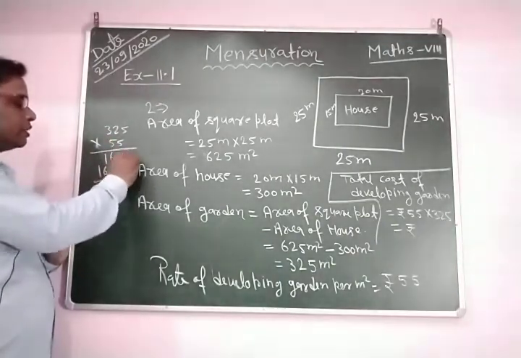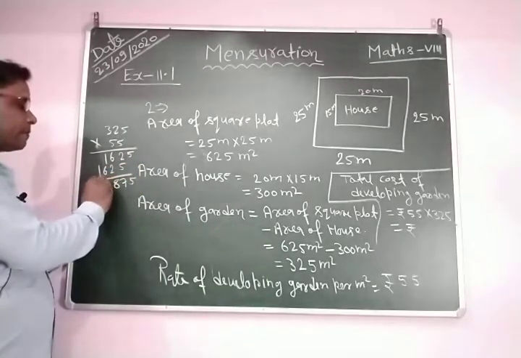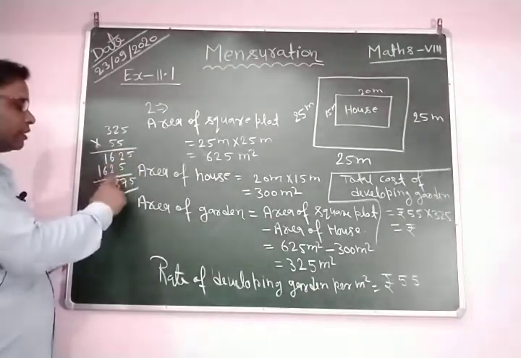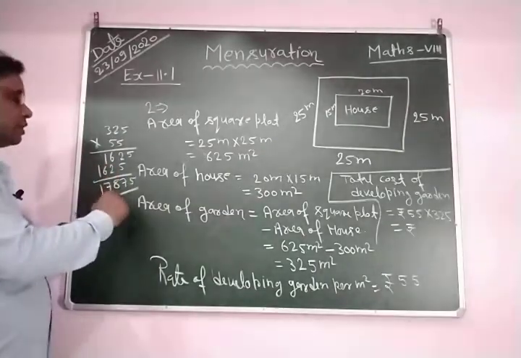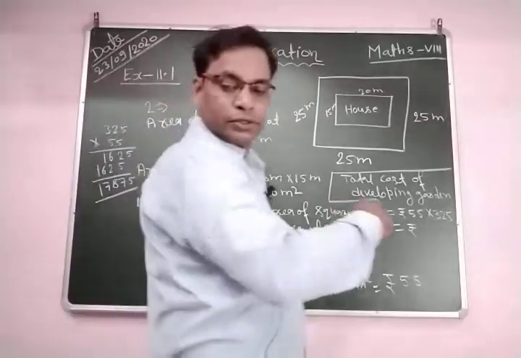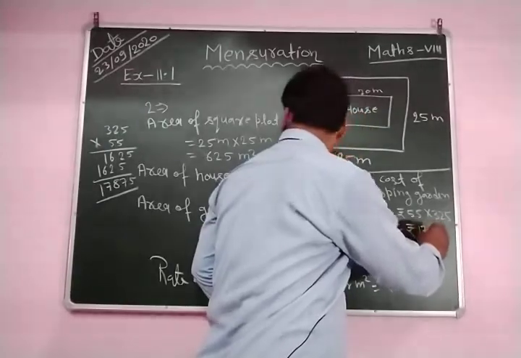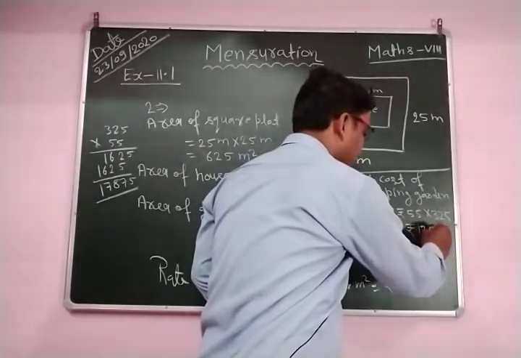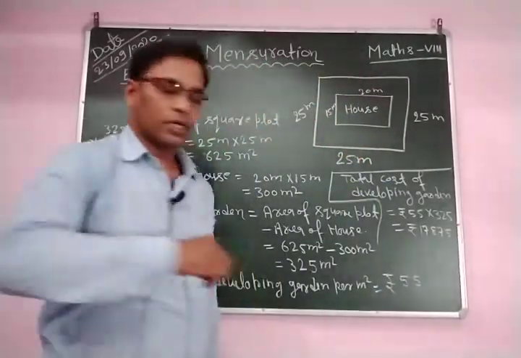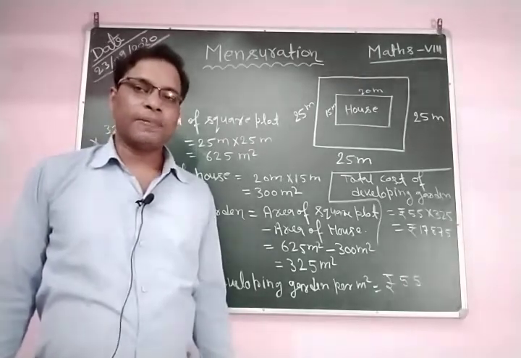So you can add them. This is equal to 17,875 rupees. Okay, this is the cost of developing the garden around the house.